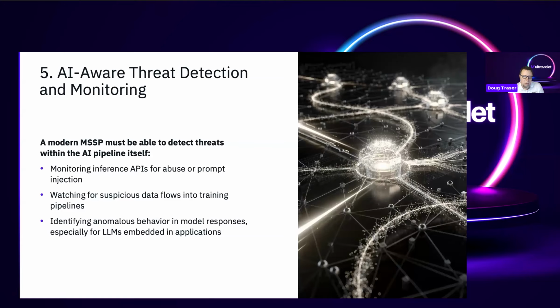We have to dig a little bit deeper. We have to dig into those CI/CD pipelines to make sure that they are operating within the bounds that we establish. We have to make sure that data inputs are within constraints of sanitization, and we have to alert on those.